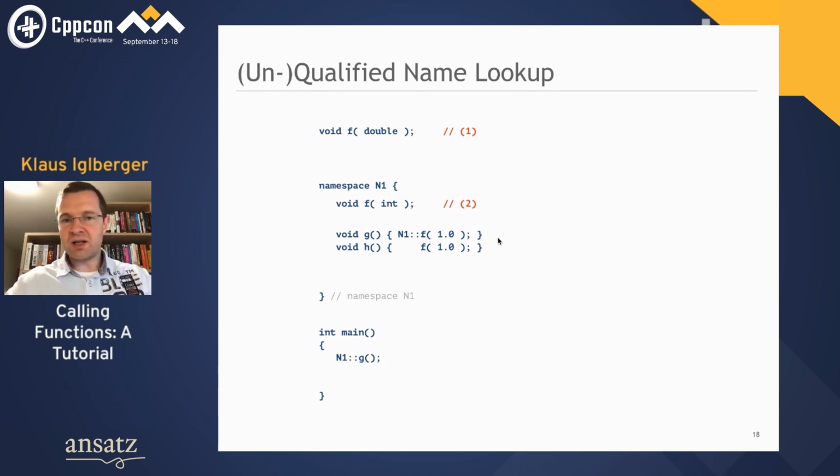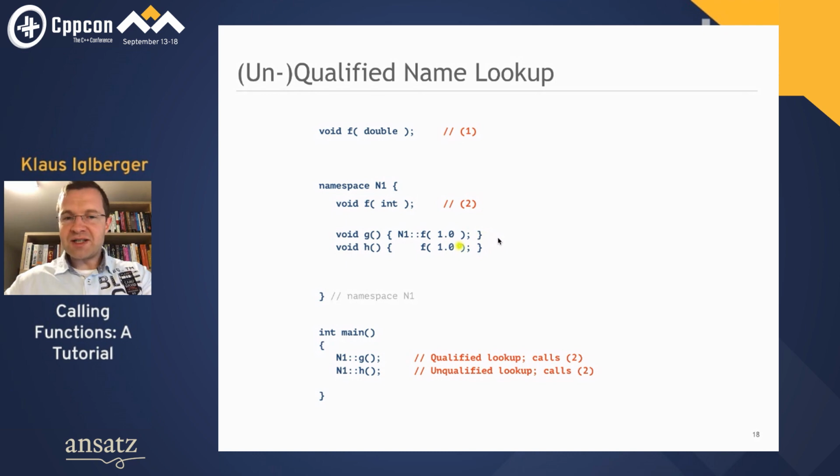This is called a conversion. So this calls, with a qualified lookup, function 2. If I call function h, then I would hope that perhaps function 1 is selected. But perhaps surprisingly, this also calls function 2, this time with unqualified lookup.